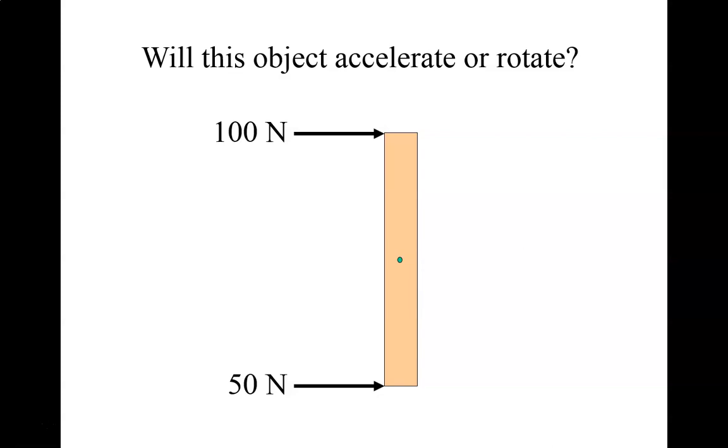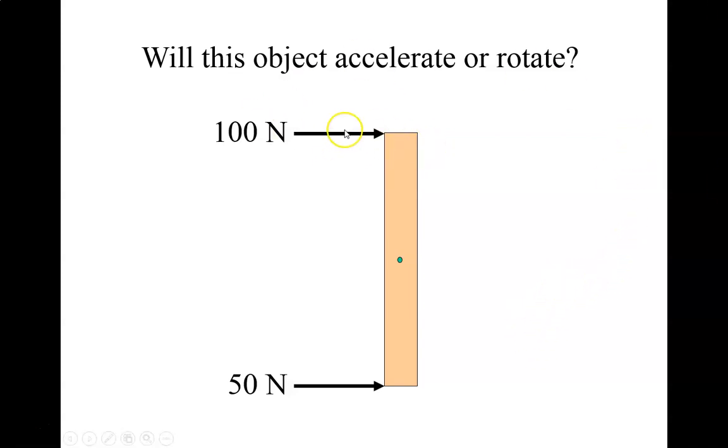Okay. Let's see. Will this object accelerate? Well, it's got 100 newtons to the right and 50 newtons to the right, and so this will accelerate. Will this object rotate? Okay.